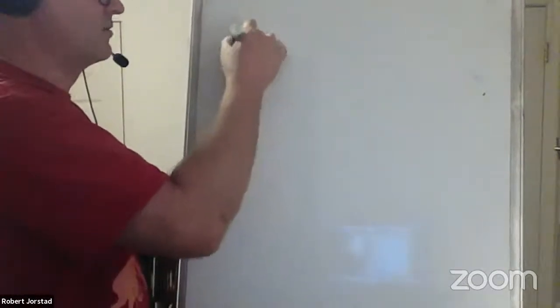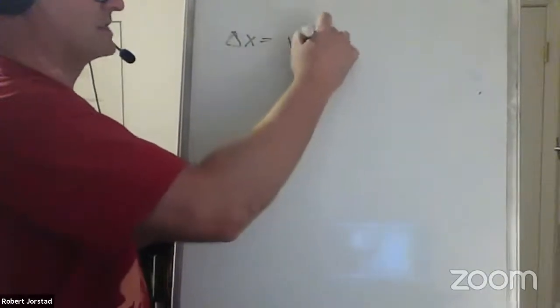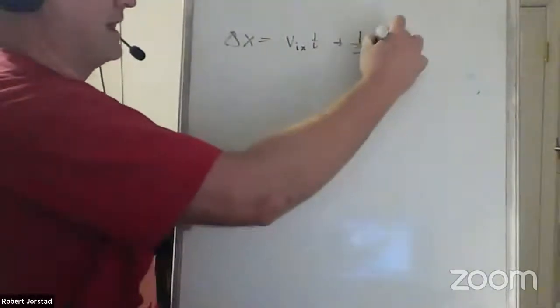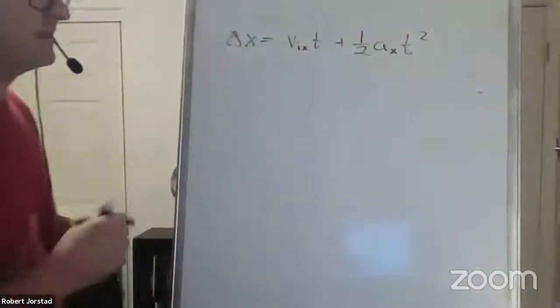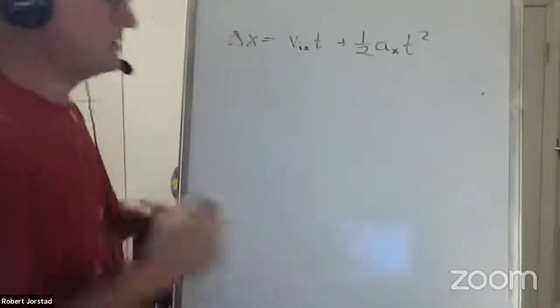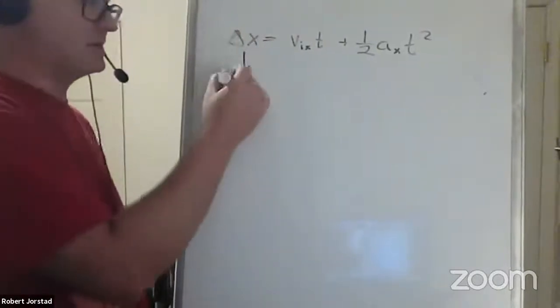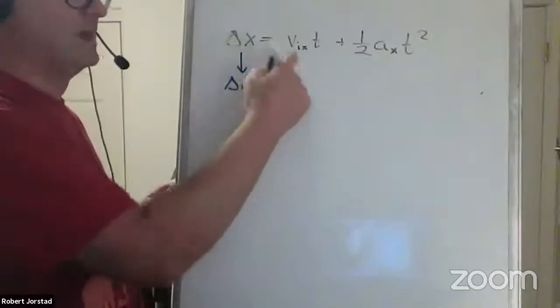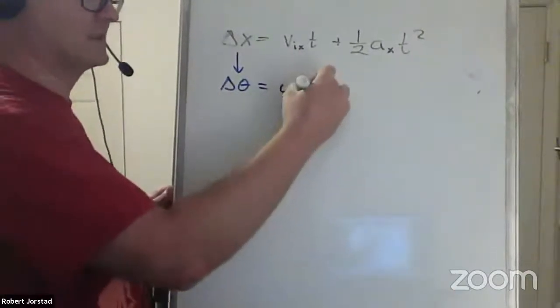I'll get to my physical example in a minute, but just for a second, let's start with this. We know that delta X is something like V initial X times time plus 1/2 A sub X T squared. And the idea is we want to get used to thinking, oh, well, this position is now going to angular position. Velocity is now going to angular velocity.